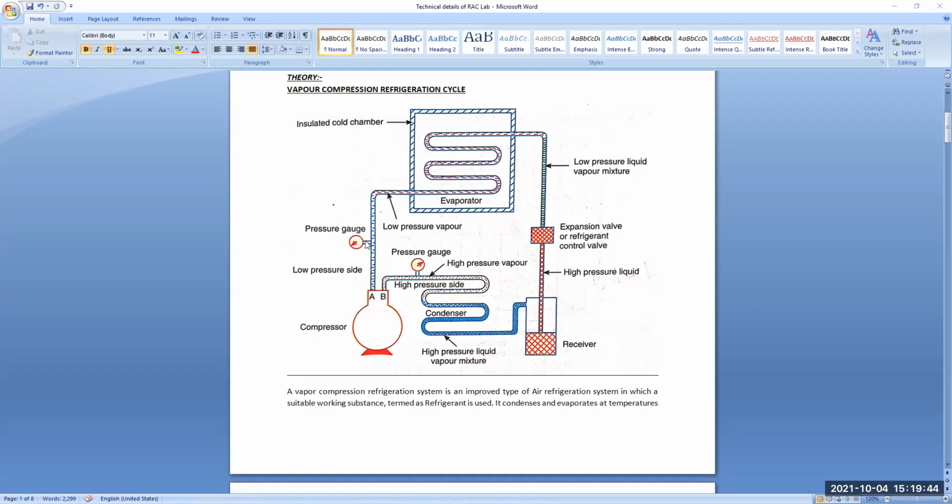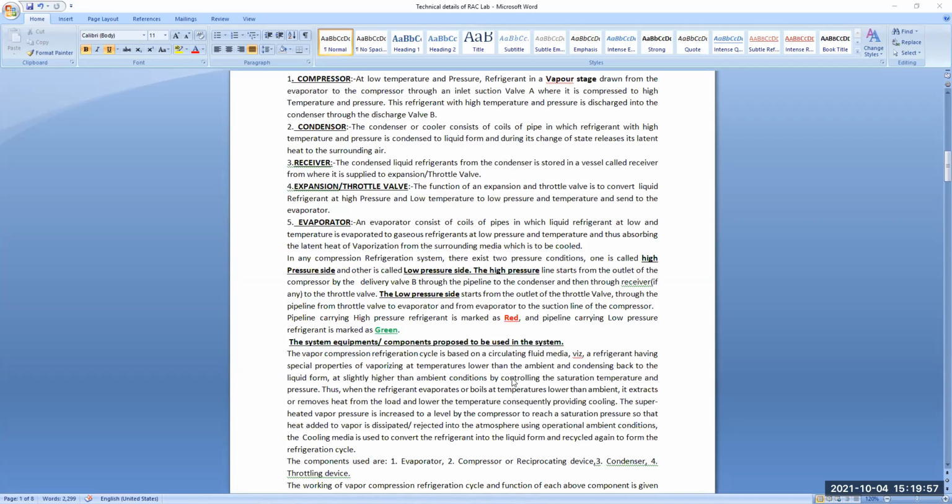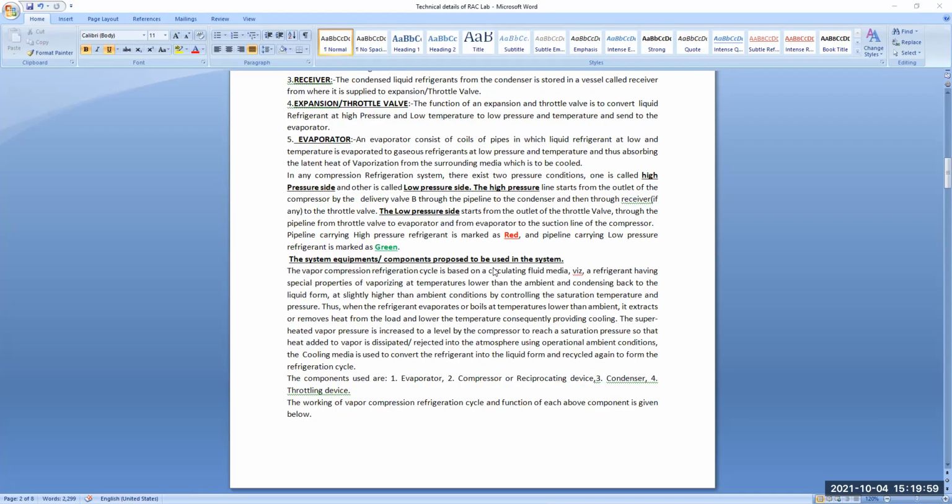It goes to the low pressure gauge, which is shown as the green pressure gauge, and then to the low pressure inlet of the compressor, where it is compressed again and becomes high pressure, and comes out from the compressor. This is more or less the flow of the compressor refrigerant system.